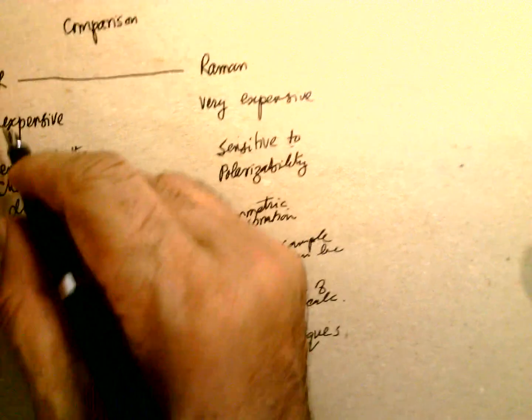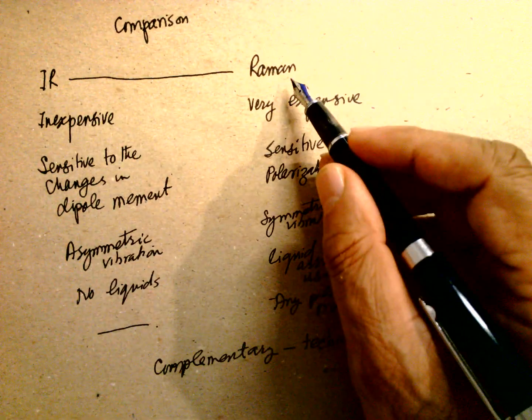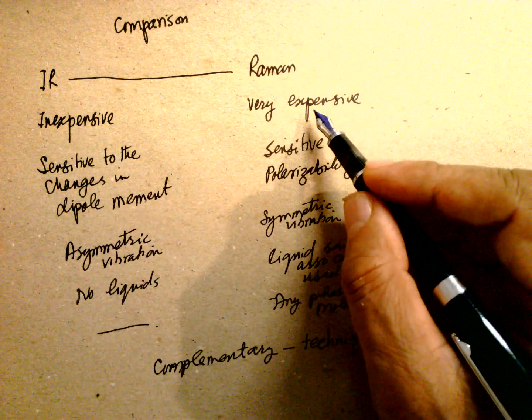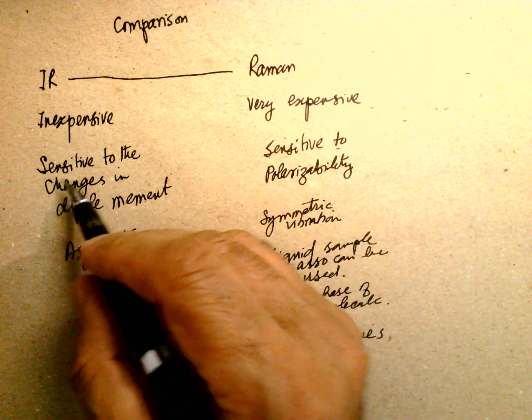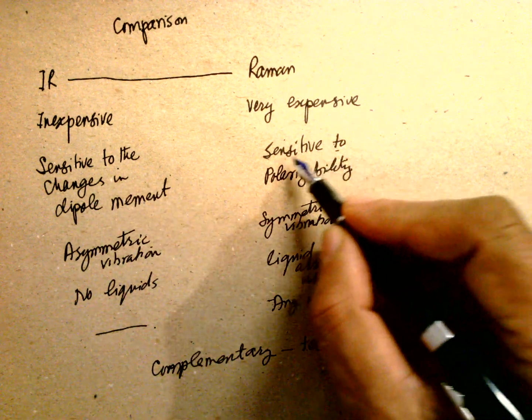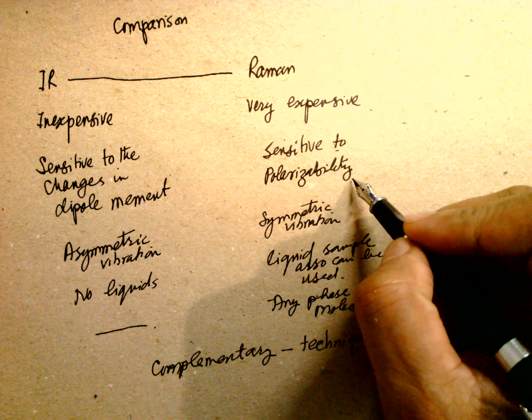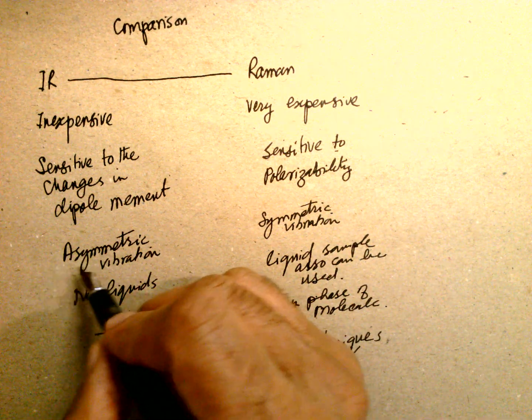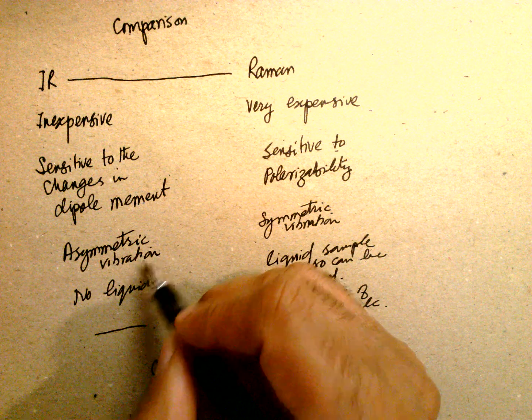So the comparison, IR versus Raman. IR is inexpensive, cheaper. Raman is very expensive. IR is sensitive to changes in dipole moment, while Raman is sensitive to the polarizability. Raman shows the symmetric vibrations well, and IR shows the asymmetric vibrations.